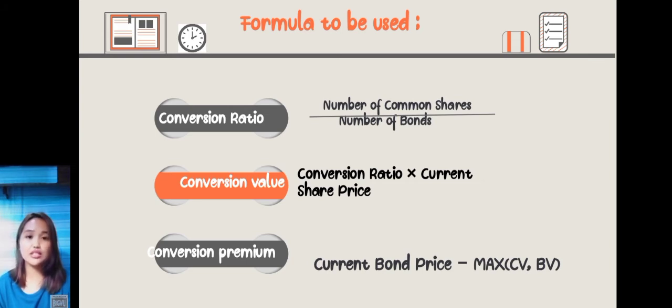Here's where it gets interesting: the issuing company or the bondholder has the option to convert the bond into shares of stock. Convertible bonds are issued with a conversion ratio, which is the number of common shares the investor will receive if the issuer chooses to exercise the conversion option.